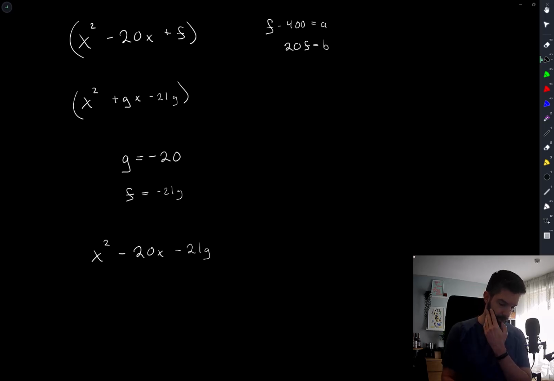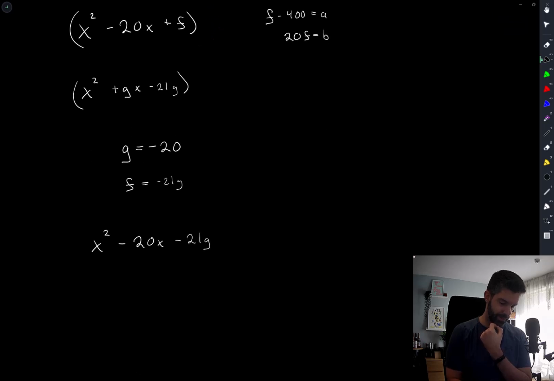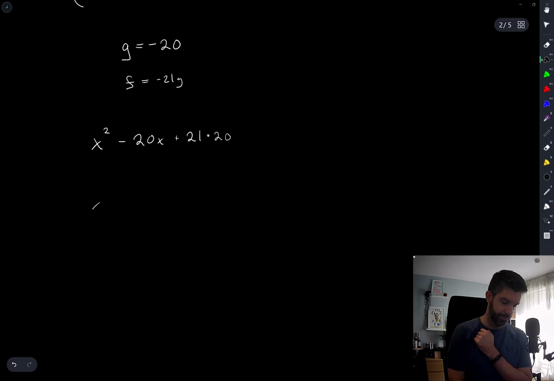So is there a way for us to find what g is equal to? g is negative 20. It's right there, right? So minus 21, g is negative 20, so this becomes plus 21 times 20, and that's what, 420? X squared minus 20x plus 420.